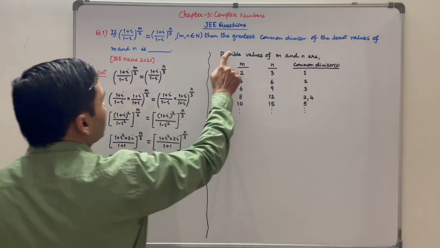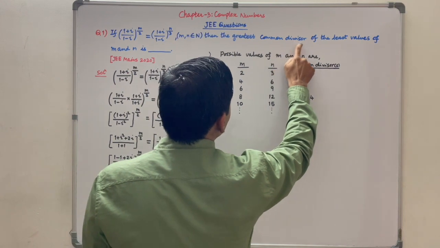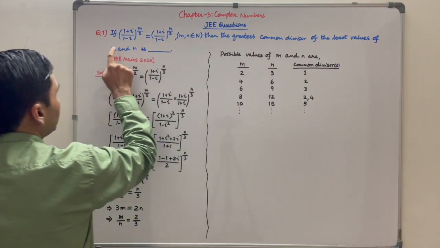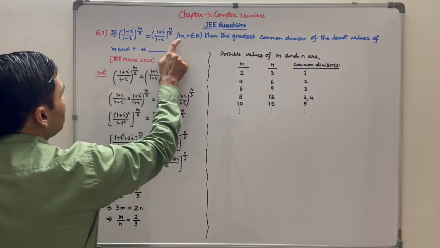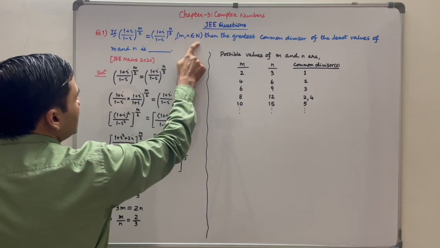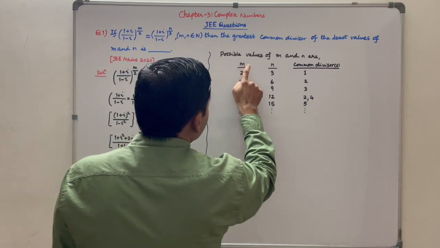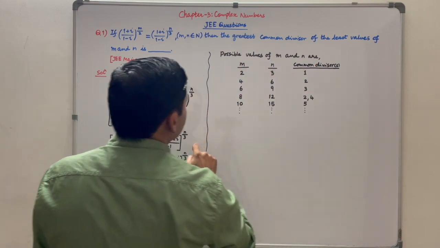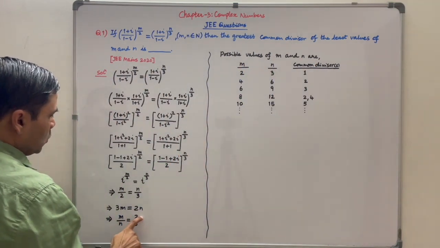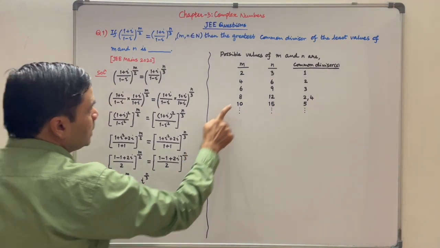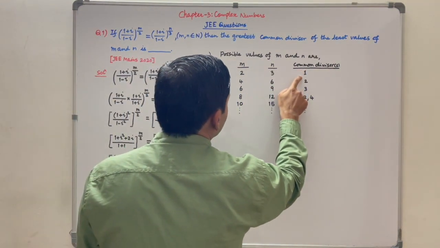Next, we have to find out the greatest common divisor of the least values of m and n, where m and n are natural numbers. So we will make a table and write the values of m, n and common divisor. When m is equal to 2 and n is equal to 3, common divisor is 1.